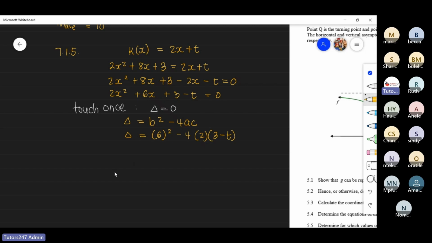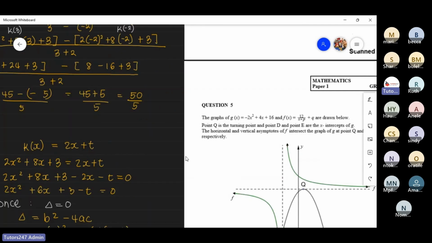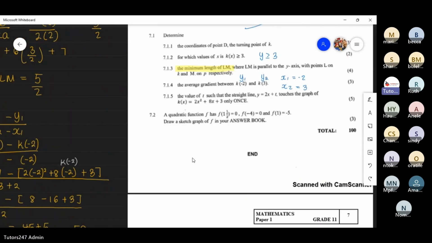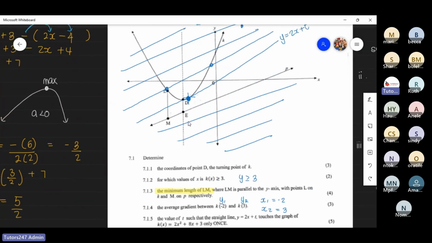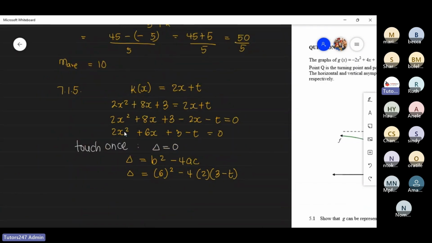Now, something important to take note of. The reason that we are using this discriminant, the reason that we are using this method, is because we don't have the value of x. If we had the value of x at that particular point where they intersected, we would not need to use the discriminant method. But if you look at our equation, we've got two unknowns. We've got x unknown and we've got t unknown.